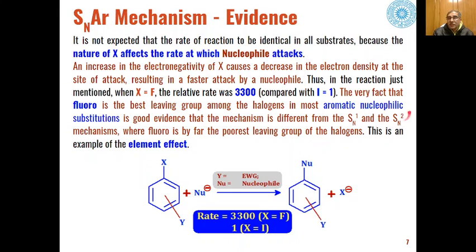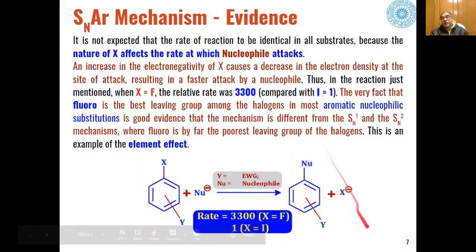So this is how we can differentiate between aromatic nucleophilic substitution and aliphatic nucleophilic substitution based on the electron activity of the leaving groups, and this is known as the element effect, because the same fluoro group which is the poorest leaving group in aliphatic nucleophilic substitution, here gives a rate of reaction 3300 times more as compared to iodine as a leaving group.